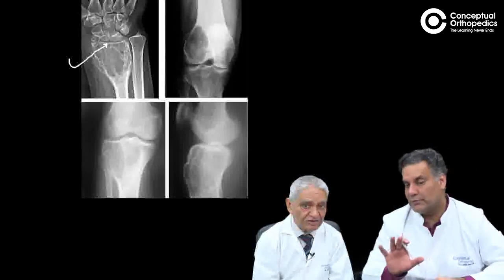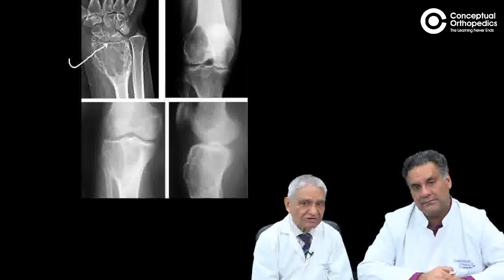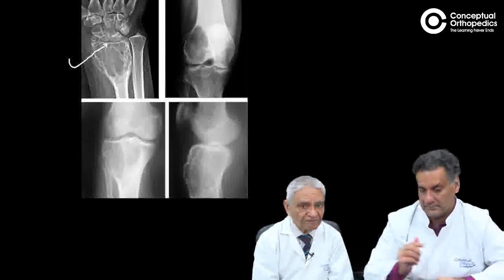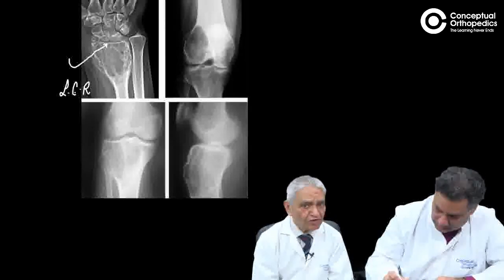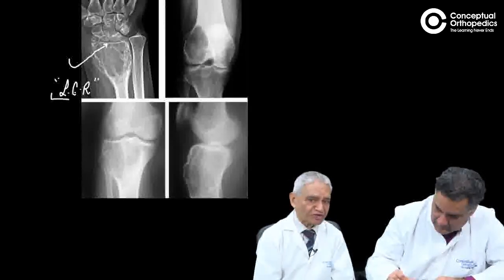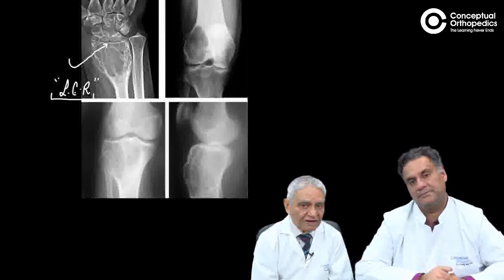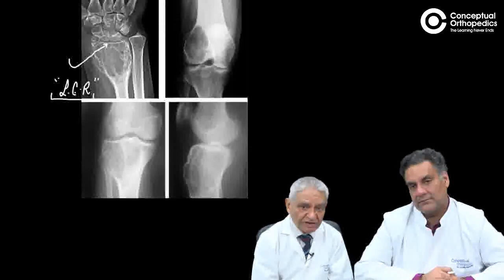And we can see the beautiful soap bubble appearance here. The soap bubble appearance is seen in the lower end of the radius. But don't consider it as diagnostic. This is one of the findings we should be able to express as suggestive. Now look at the upper end of the tibia.